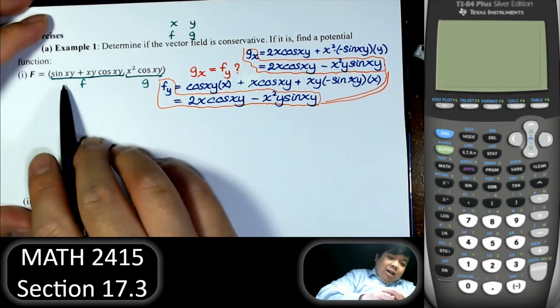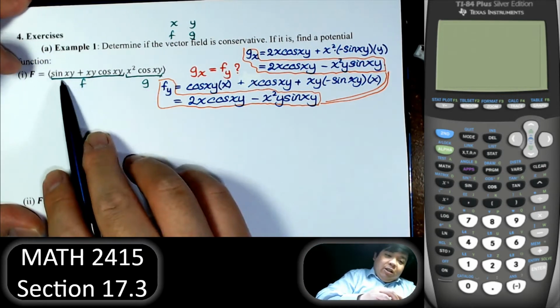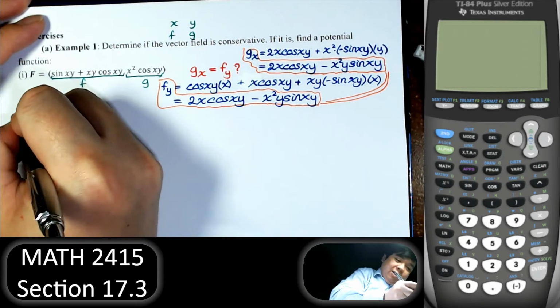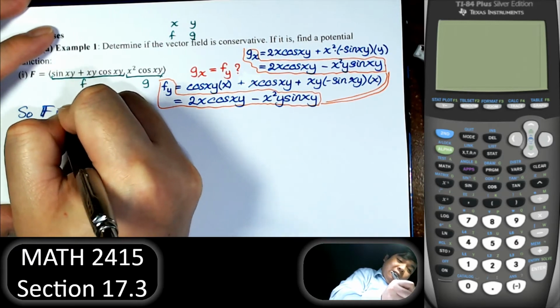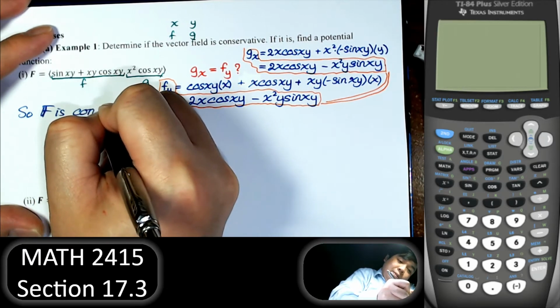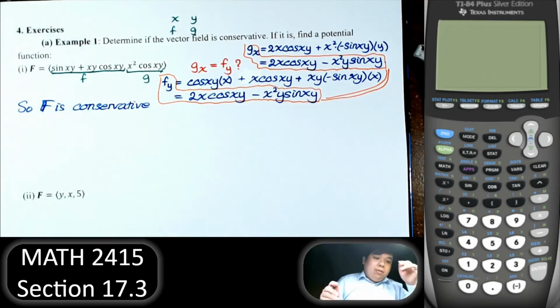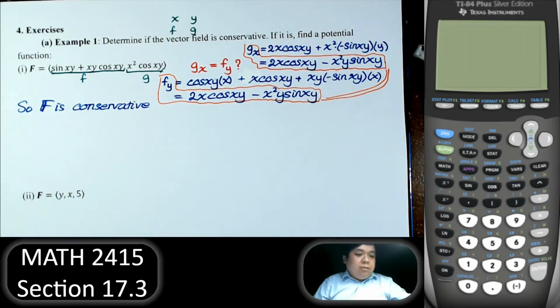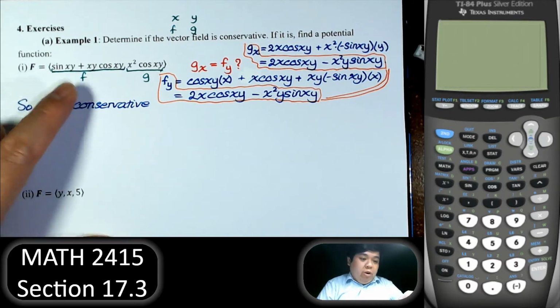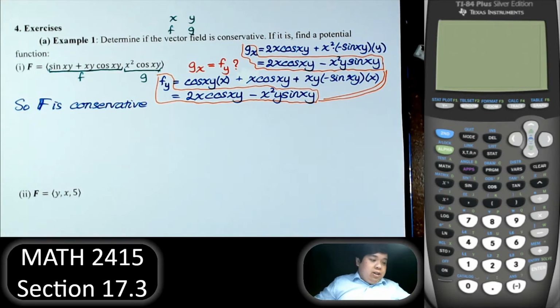I mean, there is a potential function. It is conservative. So if it is conservative, that means there exists a function whose partial derivatives equal f and g.